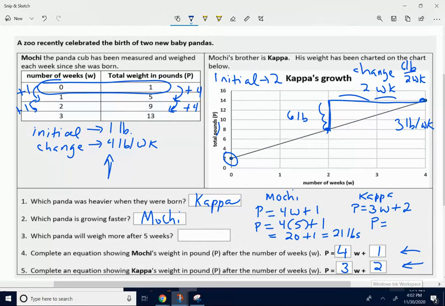So P equals 3 times 5 plus 2. Multiply first. 3 times 5 is 15, plus 2 is 17. So Moki weighs 21 pounds after 5 weeks, and Kappa weighs 17 pounds after 5 weeks. So Moki would be heavier.